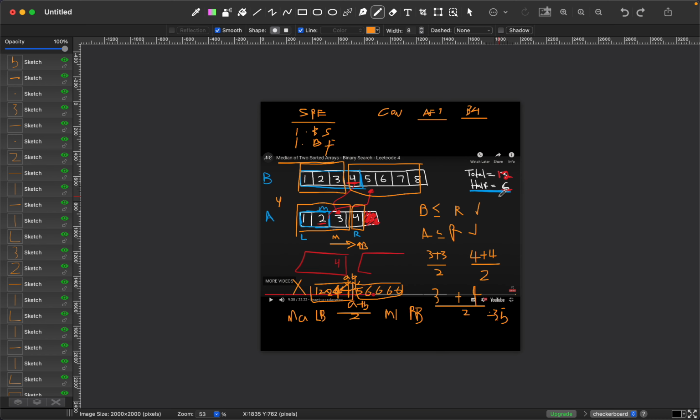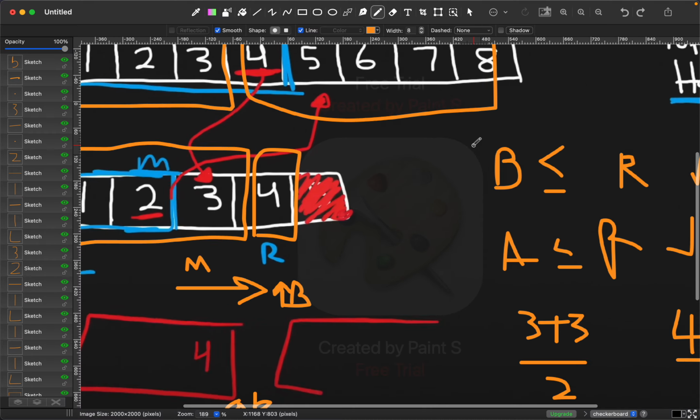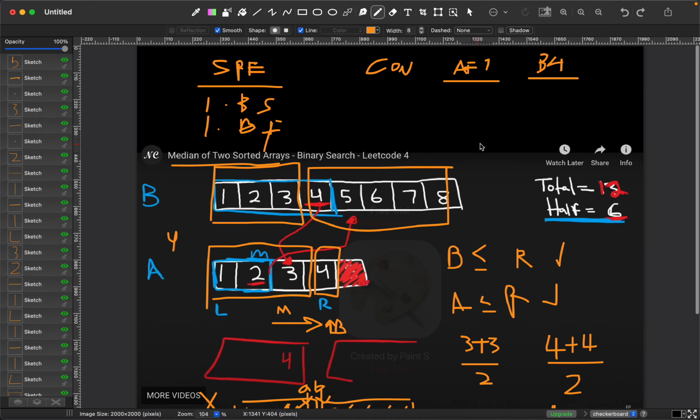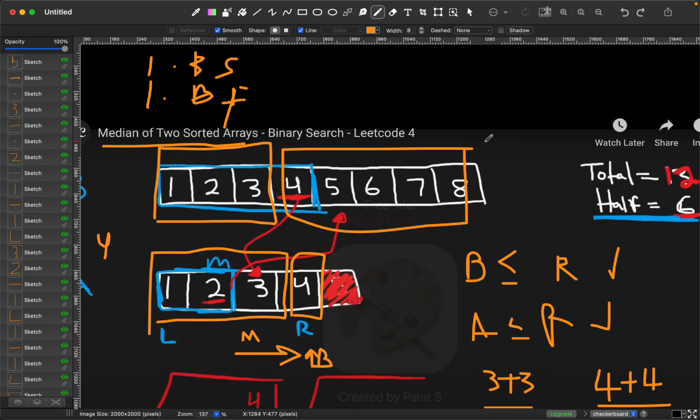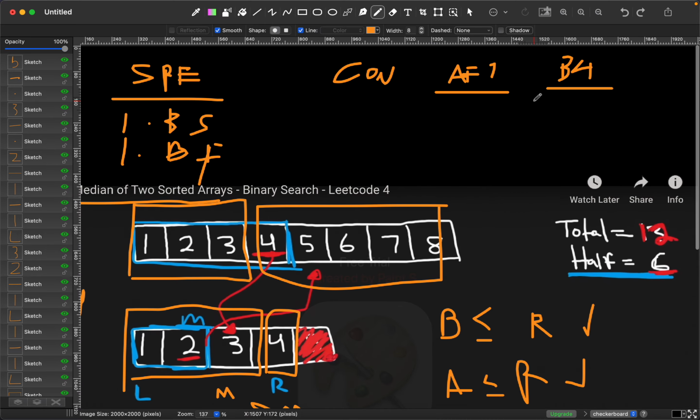So that's one. It's manipulating numbers, that's what we call it. That's what they do over here.